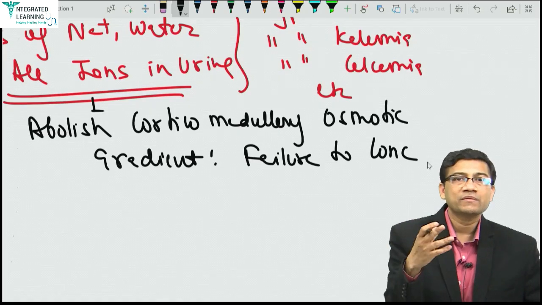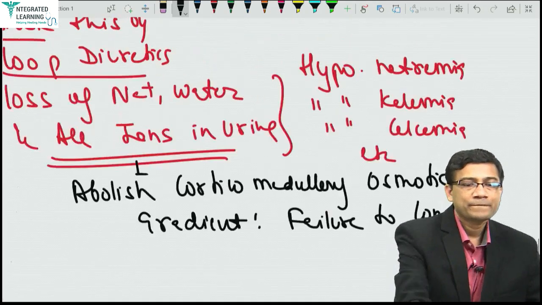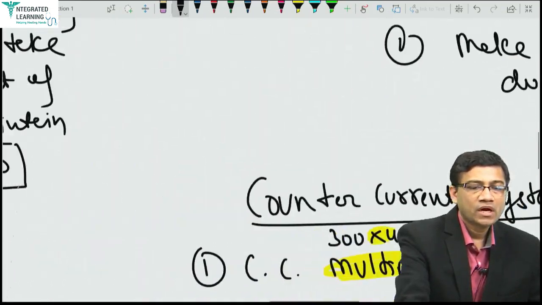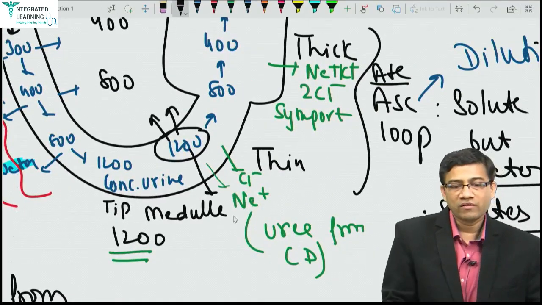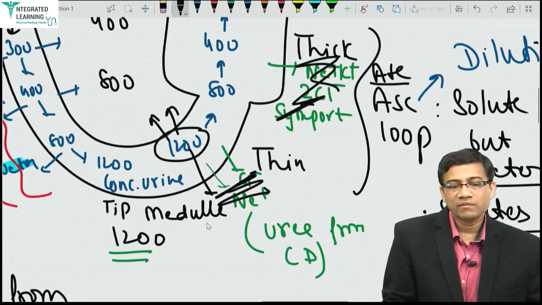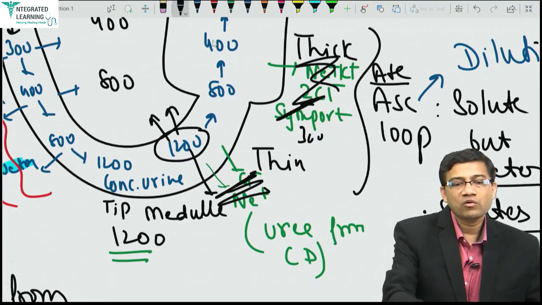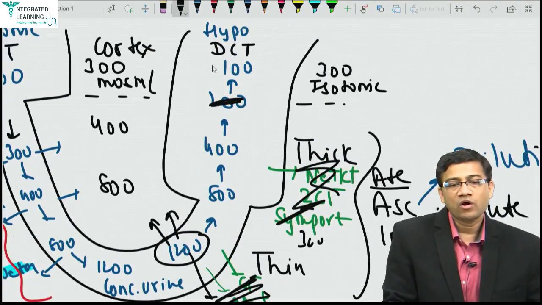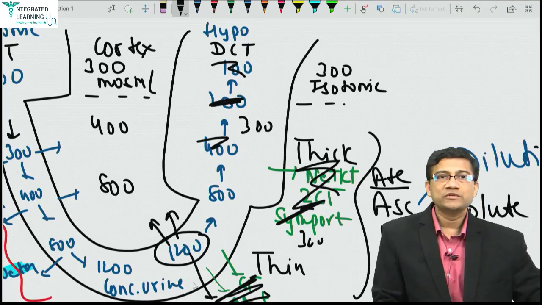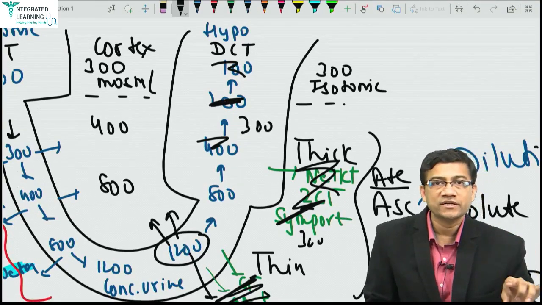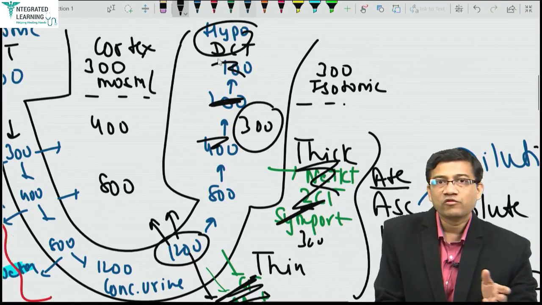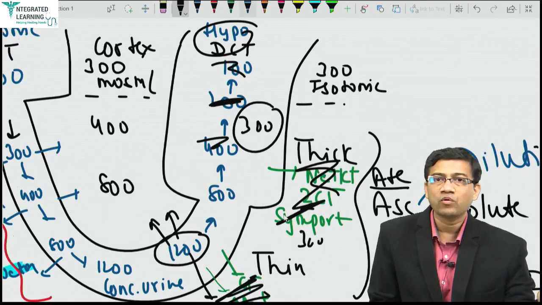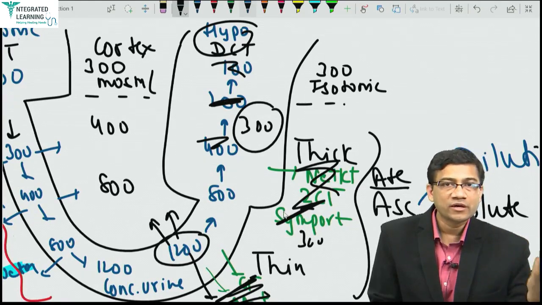And once the medulla becomes 300, you can't even dilute. Why? See, by adding the salts, you make the medulla 1200. If you stop adding the salts, the medulla will become 300, and obviously now you can't make it 200. It will also become 300. So that means you can't dilute also, you can't concentrate. Why? Because when you put in salts, you become hypo. But if you can't put in the salts, you will not become hypo, and you cannot concentrate either.